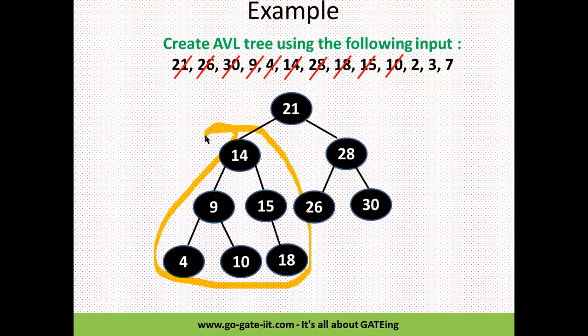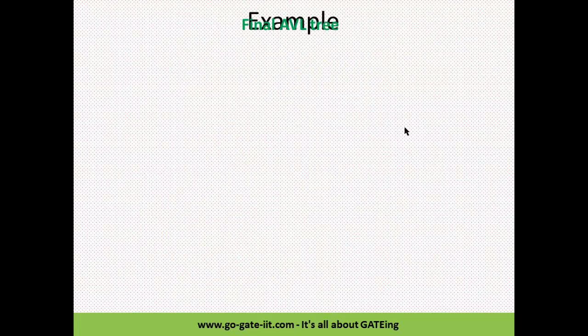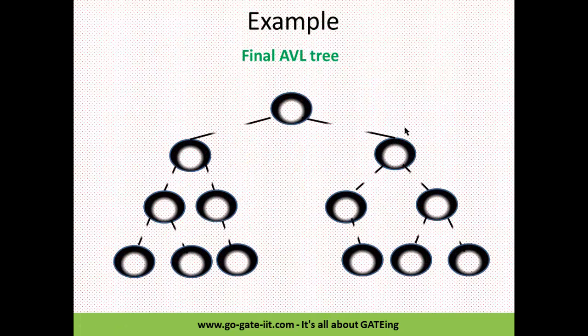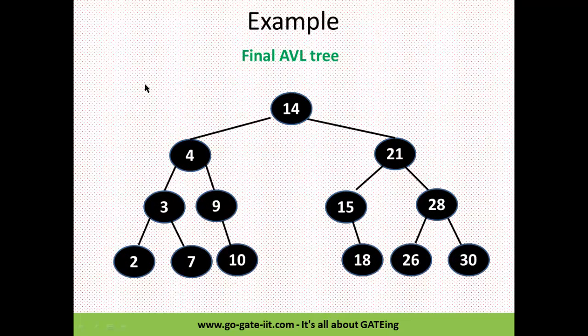So I hope I was able to clear the concept of the AVL tree and all the 4 kinds of rotations associated with the AVL tree. I would keep the rest of the insertion as practice for my listeners. So the final result of this AVL tree insertion will be this kind of structure.